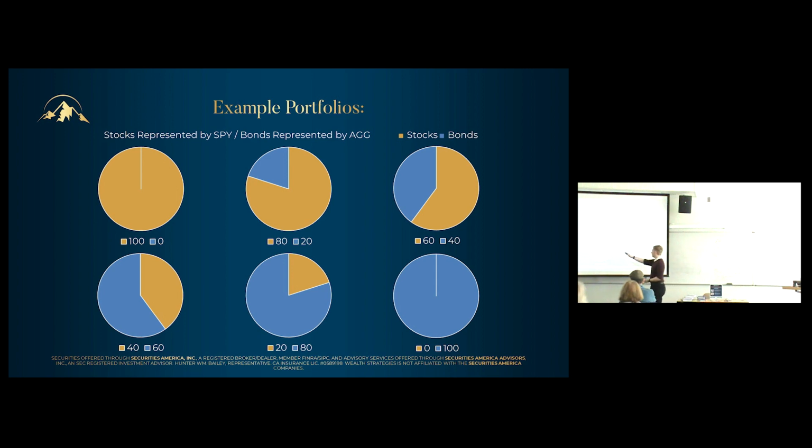So we've got something that goes all the way from 100-0 to 0-100 in about 20% increments. Over here on the left, we'd have 100% stocks, no bonds, 80% stocks, 20% bonds, 60% stocks, 40% bonds, and then the opposite going all the way down. So it gives you a simple idea of how you might be allocated.